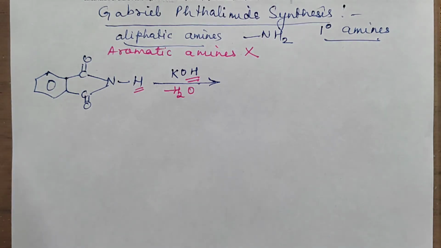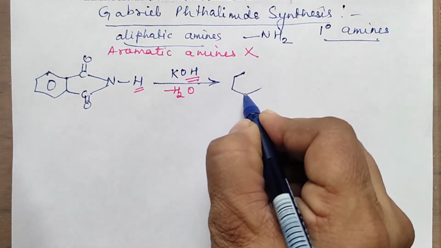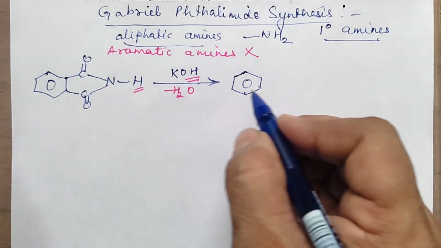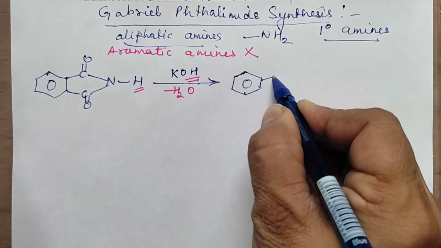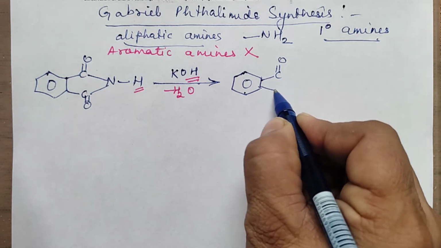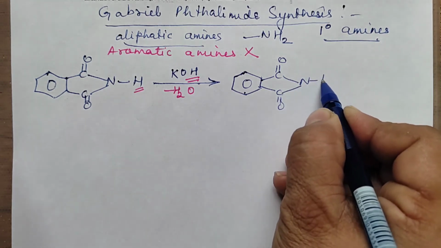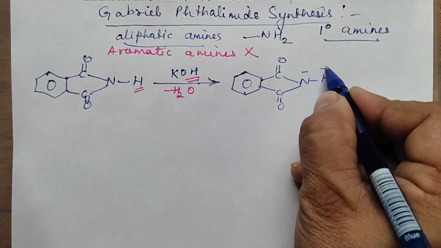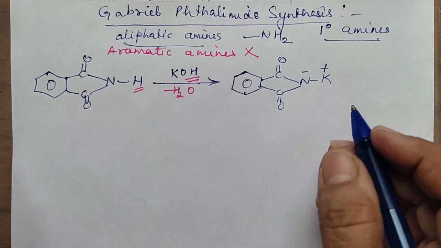I will explain the mechanism separately for better understanding, but first I am just telling you how to write down this equation. Water you remove, so the rest is fine. This K will be attached to N. So this is CO, this is CO, and you have here N, and K is obtained. Of course, N is more electronegative and K is comparatively electropositive, so N gets negative charge and K gets positive charge.